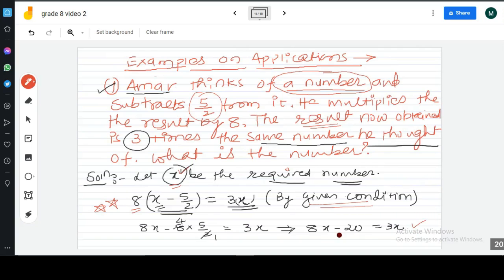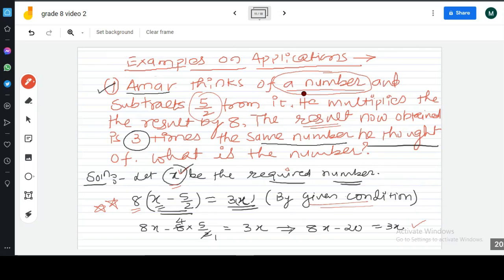So it's a general linear equation in one variable having the variable on both sides, as we have solved in such examples just before this. So now let's solve this. It's a very simple example. We just take this 3x to the left side and transpose this minus 20 to the right side, means we collect the variable terms together and the constant term on the other side.